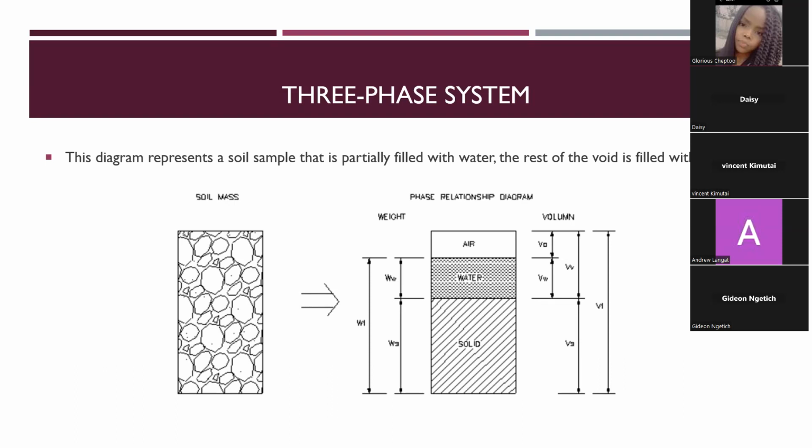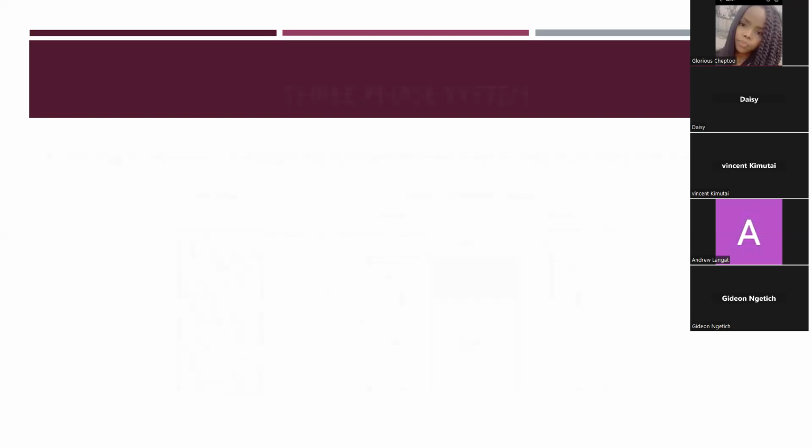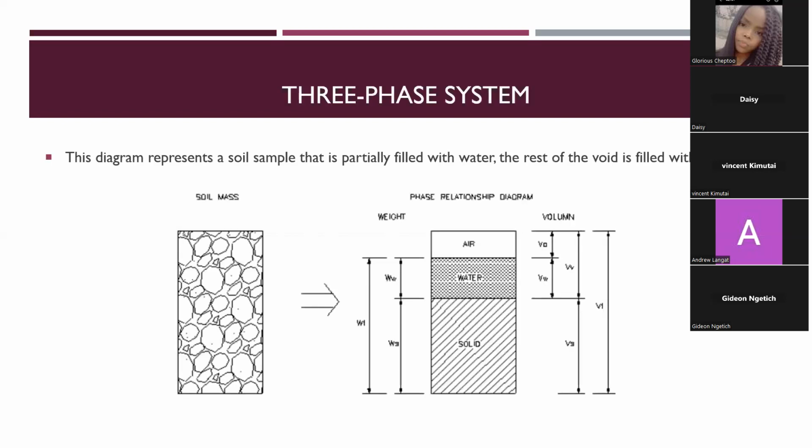And then the total weight of solid and water has been denoted by W. I hope you can all see that. And on the other side, we have the volume. The total volume is represented by V, the volume of solids by Vs, the volume of voids, Vv, which can be divided into Va and Vw.